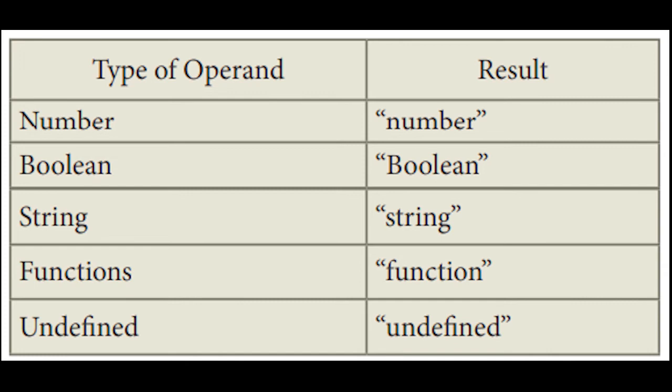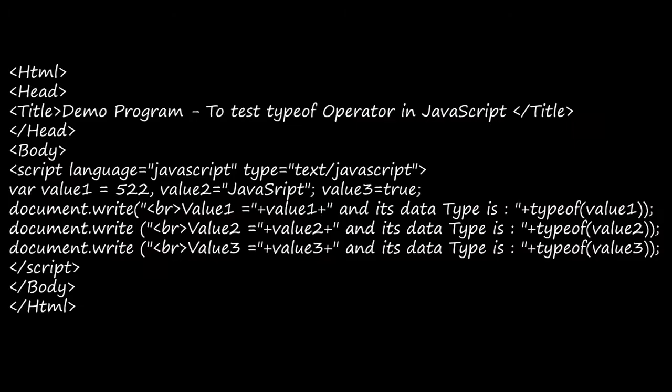Right, here let's see the coding for this typeof operator. First they have opened the HTML tag and then the head tag, and inside that the title tag. Inside the title tag: demo program to test typeof operator in JavaScript, and then they have closed the title tag, closed the head tag, and then opened the body tag.